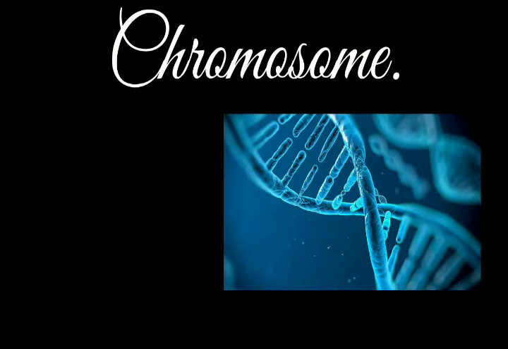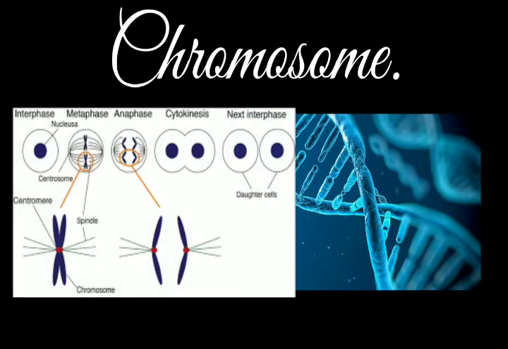So the structure which you can see in the diagram, how and when is it formed? It is formed during cell division, right? And these small branches that you can see, 4 branches, these are actually chromatids.